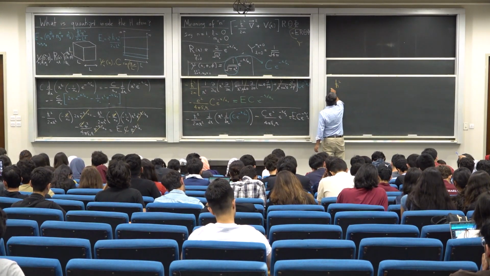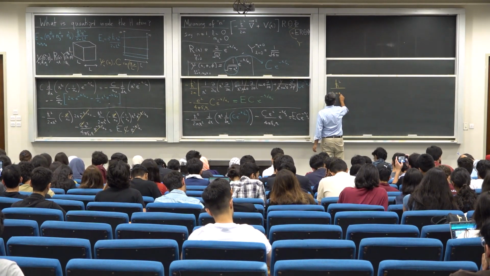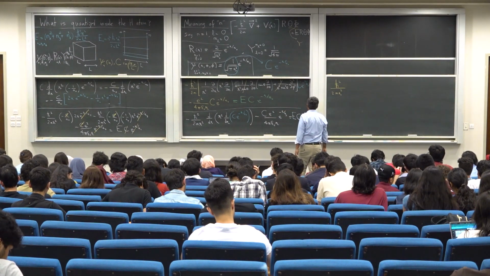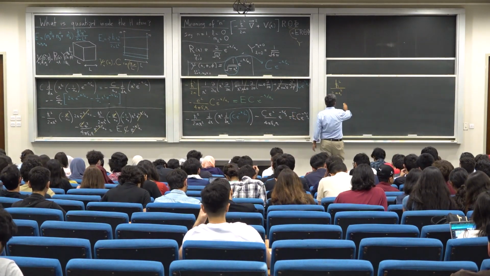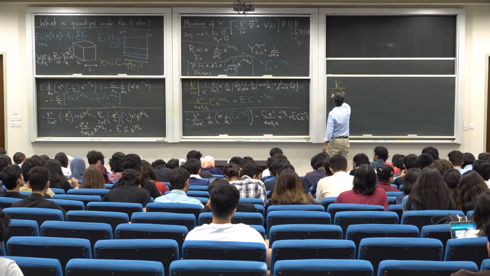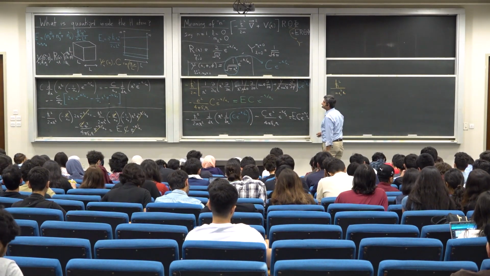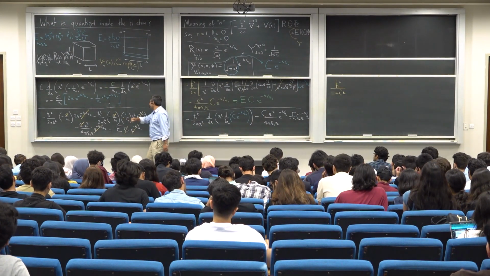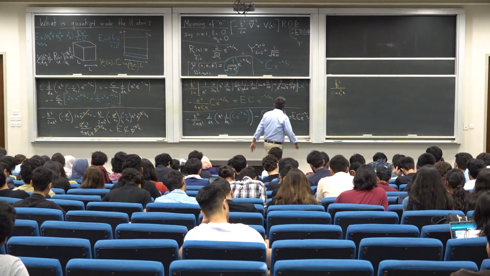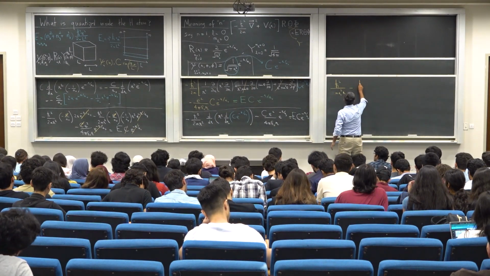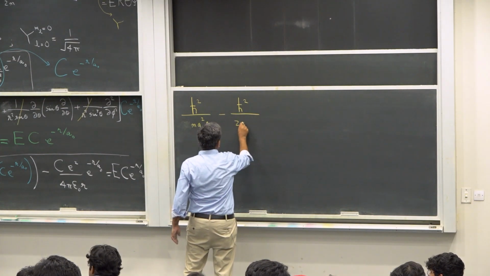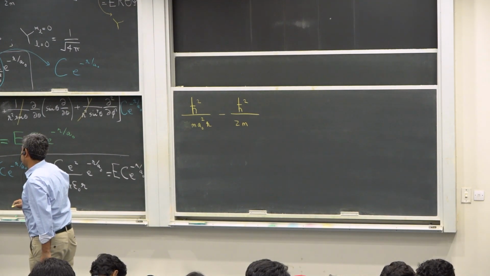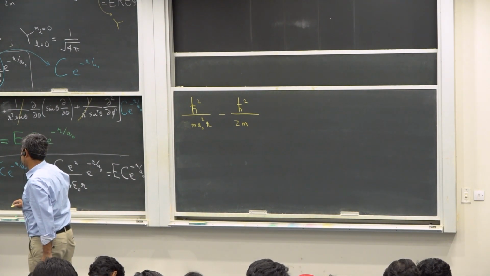H bar square over 2m a naught squared, and then I have an r squared, and I also have an r at the top, so I have r, and then this is a minus sign over here, two m a naught squared, right?